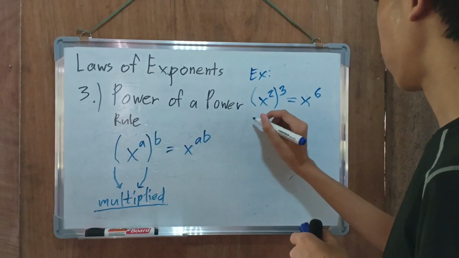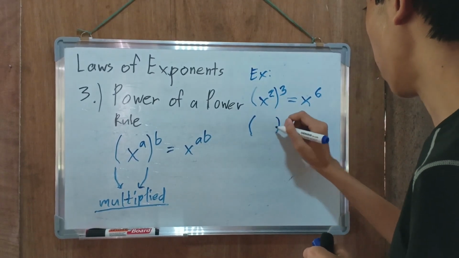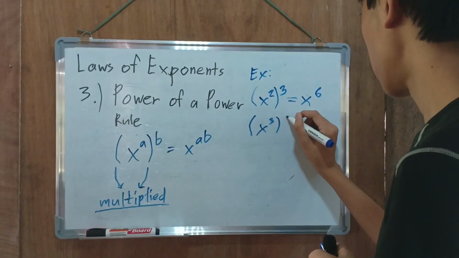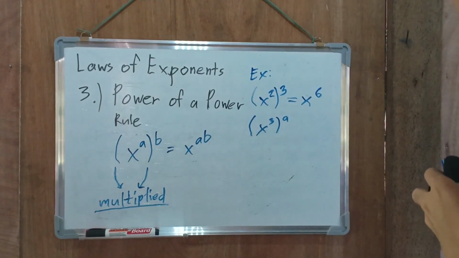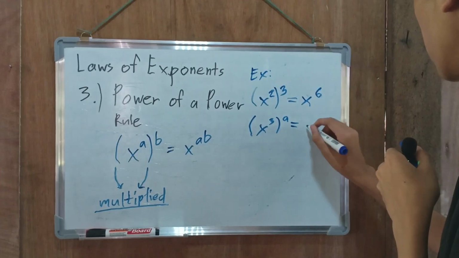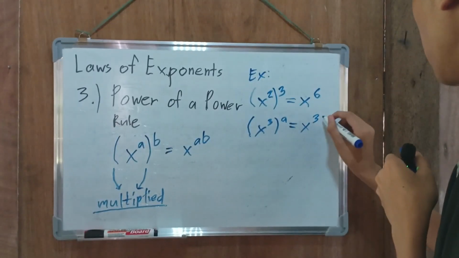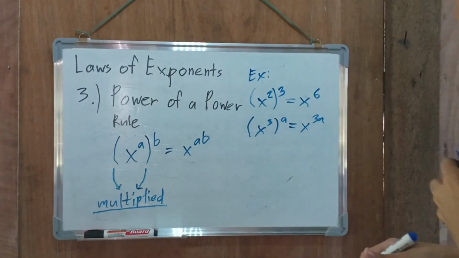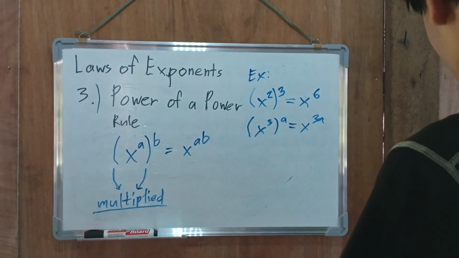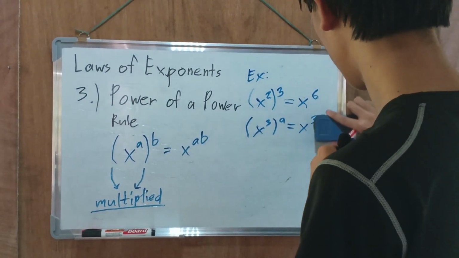Now, what if this is a variable, like x raised to the third times 8? The answer here is x to the 3 times a. Actually, it's not 9, it's a. Sorry about that.